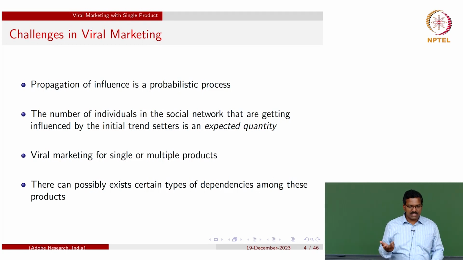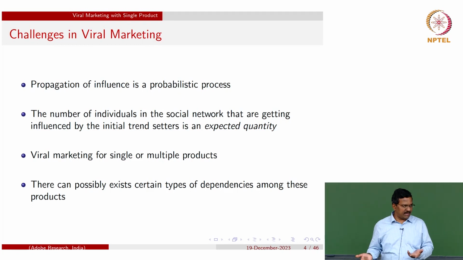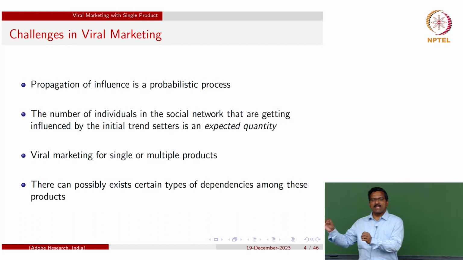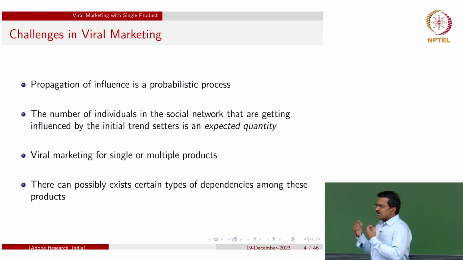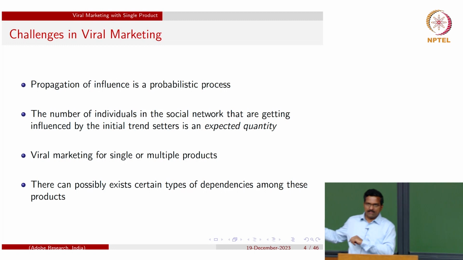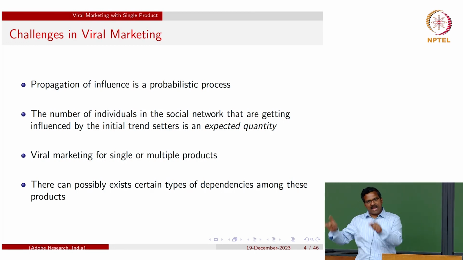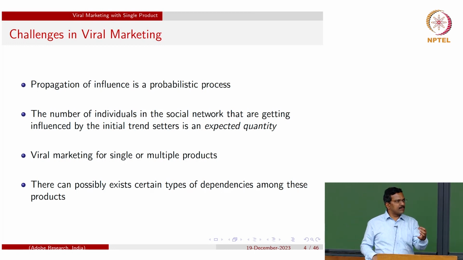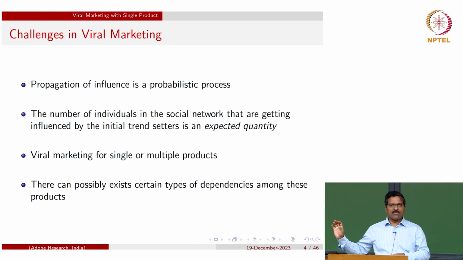In the worst case, they offer the product for free, so that they ensure these selected K people buy the product. Once they buy, these are influential people. How do you select these people? That is the problem. But assume that you have a black box which takes the network as input and selects the top K influential people.